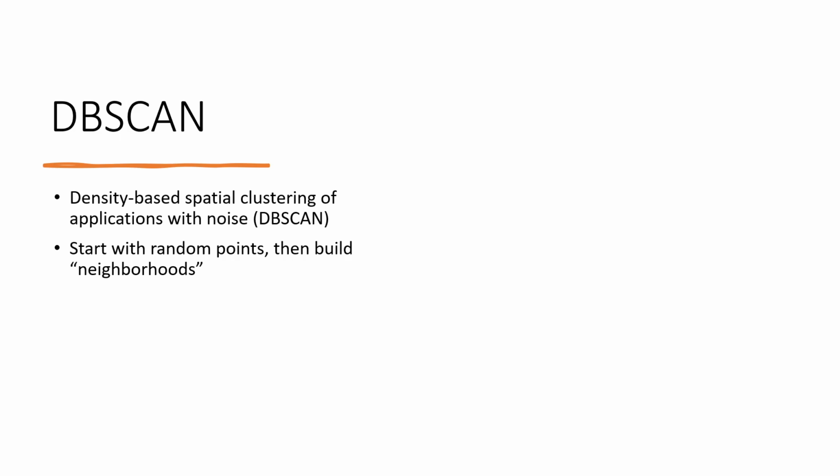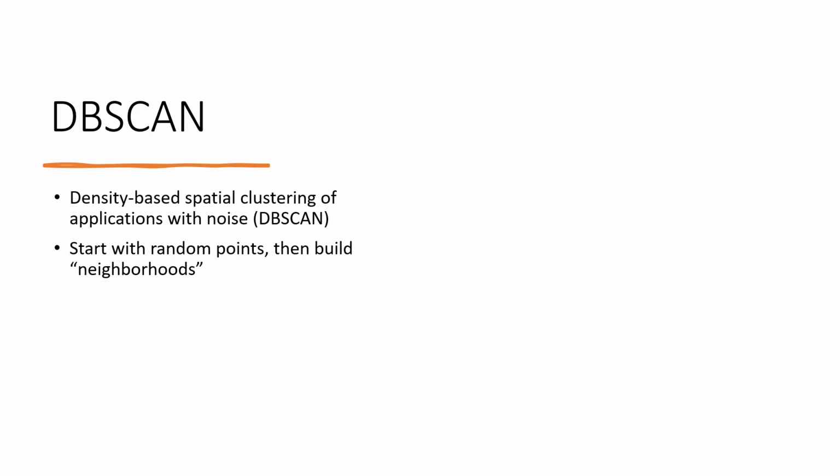And if you have enough, then you also have a neighborhood, and all those other new data points are in your neighborhood. And then we're going to grow and grow until we end up being done with that neighborhood, and then we go back to square one, where we start with a random new point that we haven't already classified in a neighborhood, and then we see if there's a neighborhood or not.